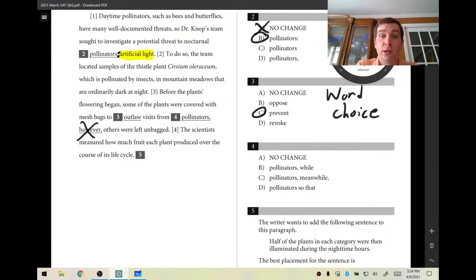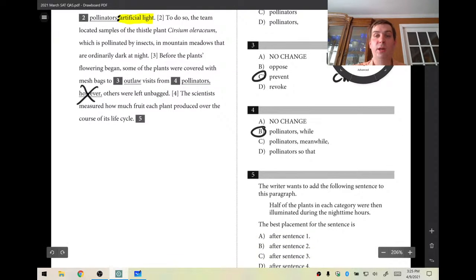This one's just B. So I'm going to read the corrected version. "Before the plant's flowering began, some of the plants were covered with mesh bags to prevent visits from pollinators, while others were left unbagged." So we can use the comma and "while" here. "Meanwhile," with another comma, would be an extra comma, and "meanwhile" would make no sense.